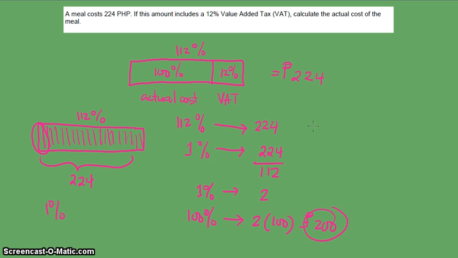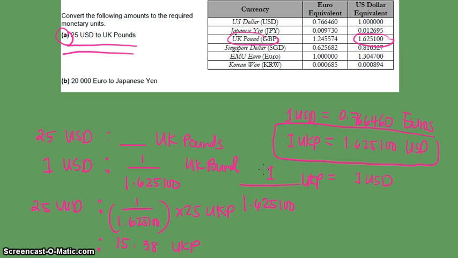Okay, let's look at the solution again. We set 1 UK pound into its corresponding US dollars. So 1 UK pound based on the table is equivalent to 1.6251 US dollars. And then by dividing by 1.6251 on both sides, you will get the value of every US dollar. So that is simply 1 divided by 1.625100.